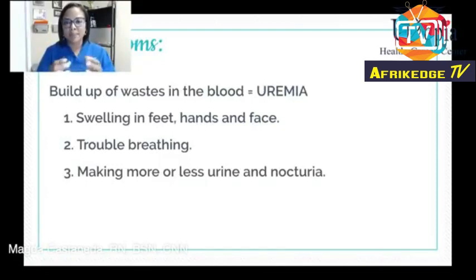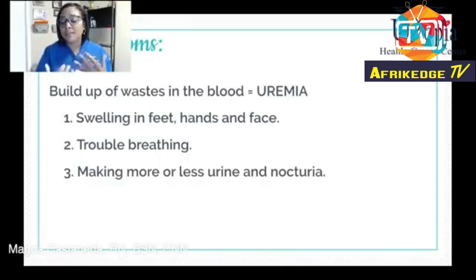It's almost like if you had urine in your blood. So what are you going to have? You're going to have swelling of the feet, hands, and face, trouble breathing, because there's going to be an accumulation of fluid. The fluid accumulates everywhere in the soft tissue, inside of the lungs.